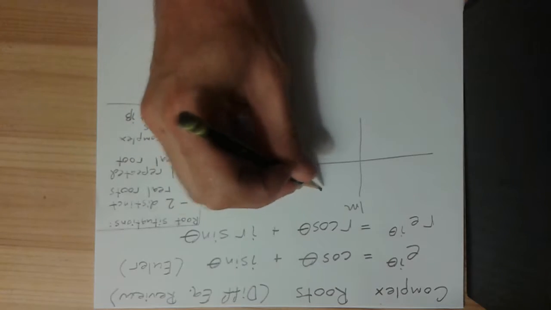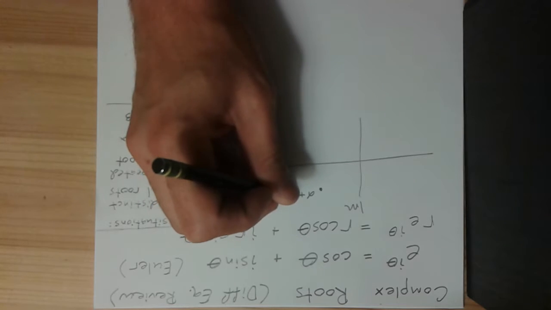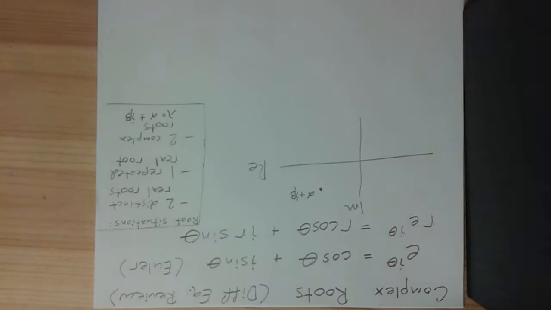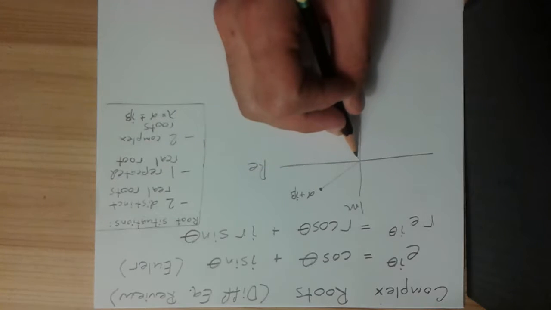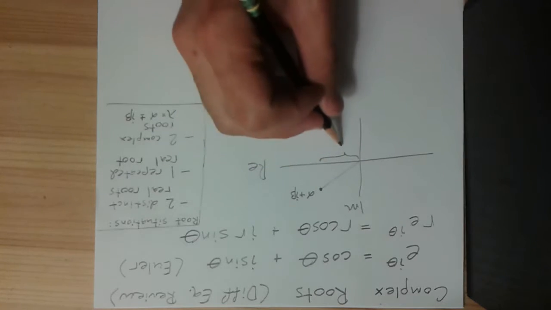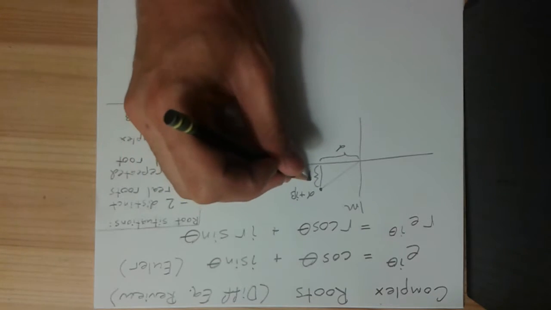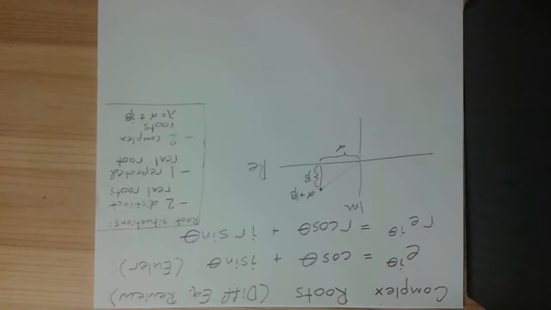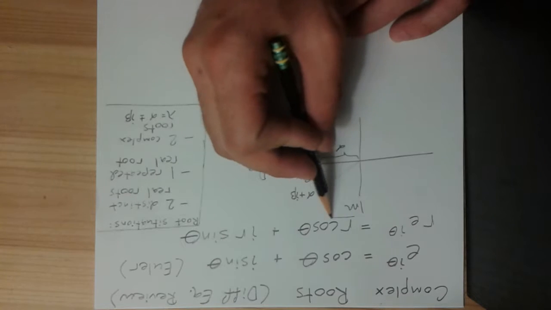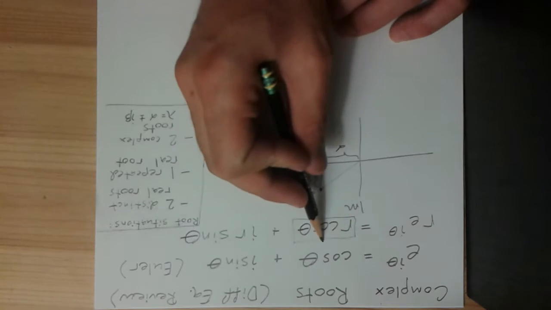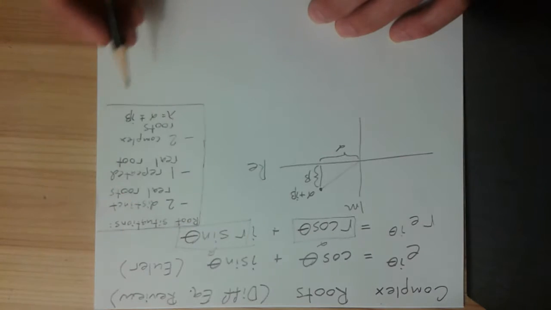I can draw a point here which I call alpha plus i beta, and what that means is that the real component here is alpha and the imaginary part is beta. So I can think of this whole thing here as being alpha and this as being beta.